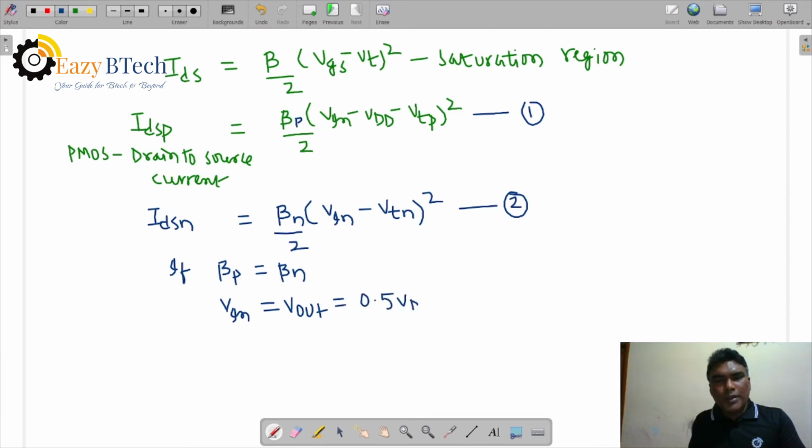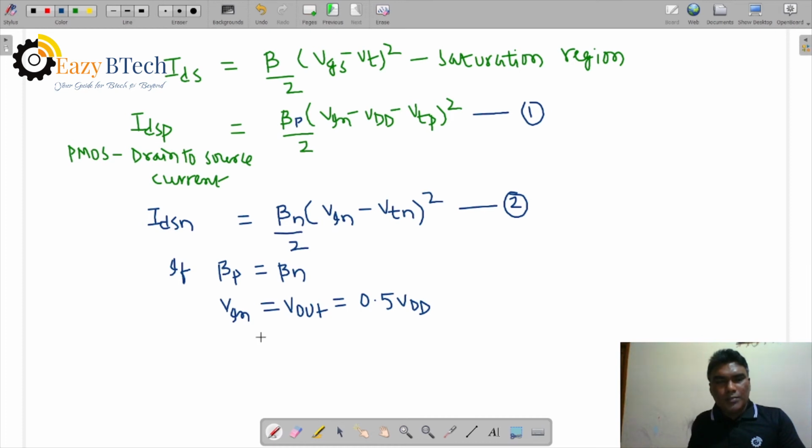When it is 0.5 VDD, then it is actually an inverter. With 0 as input, the output will be 1. If VDD is equal to 5 volts, it means 2.5. When it is 2.5, it will be equal to the output voltage.